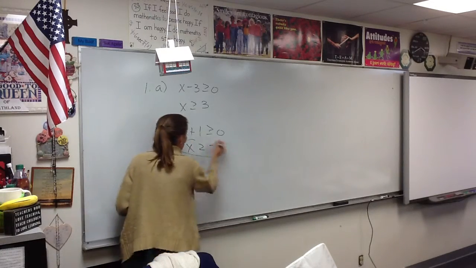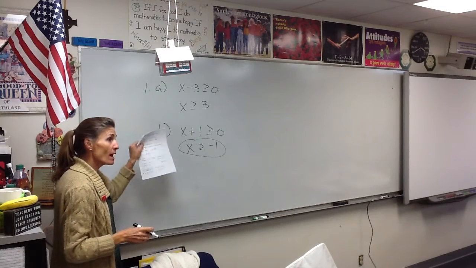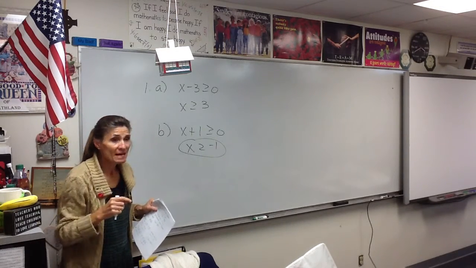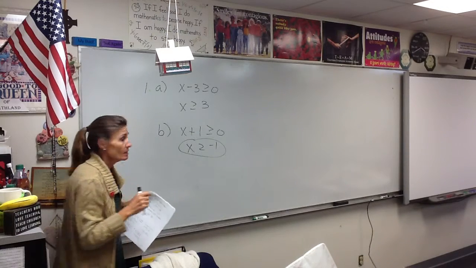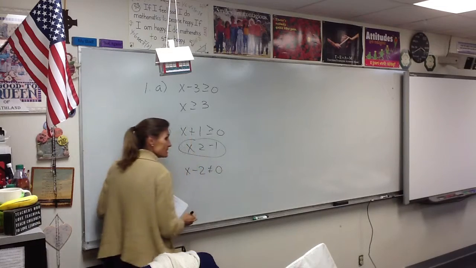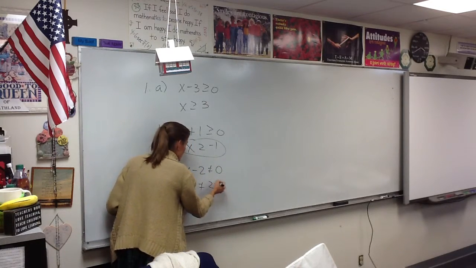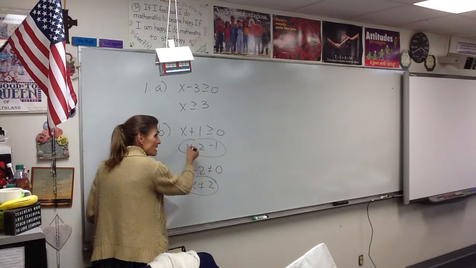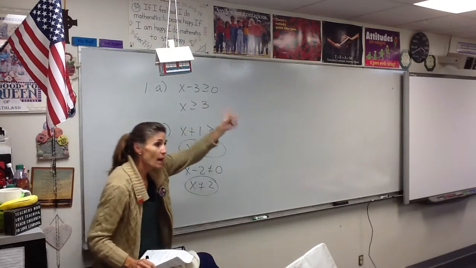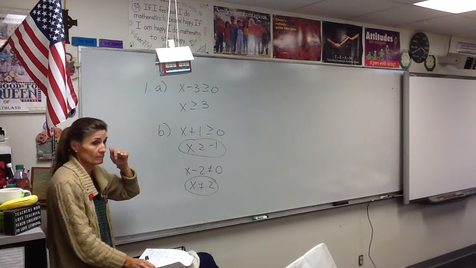That's part 1. But this has a fraction in it, doesn't it? So what do we know about denominators? They can't equal 0. So x minus 2 cannot be 0, which means x cannot be 2. That's a 2-part answer. Why is it 2 parts? Because it has a radical and a denominator.